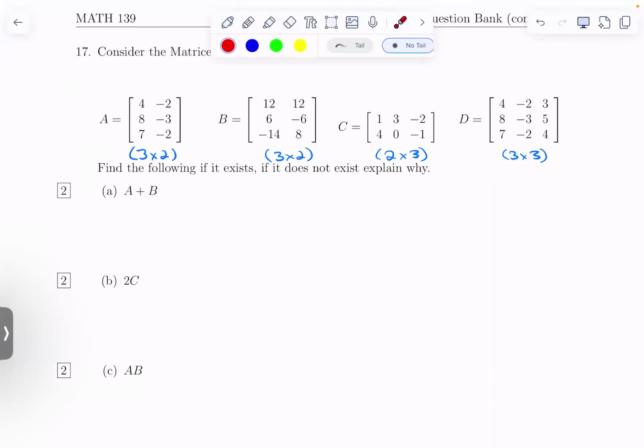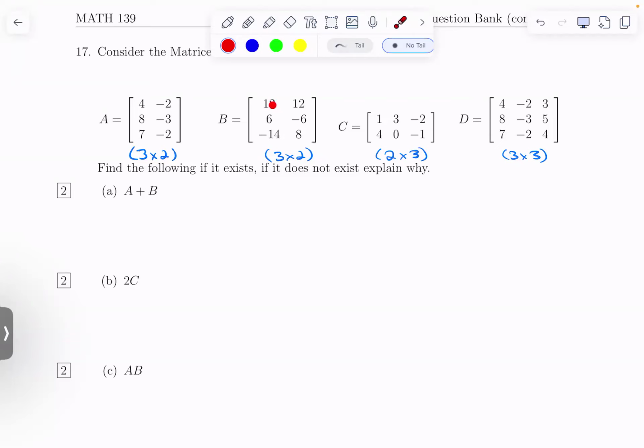You could practice. Can you add A and B? Yes, because they have the same size, right? And so A and B, you can add those. Can you add A and C? No, because they have to have the same size, because adding takes each element and adds it to the matching element.